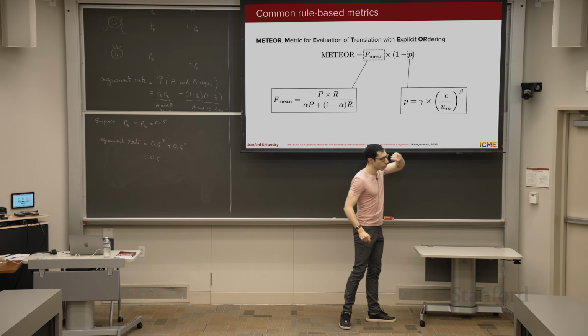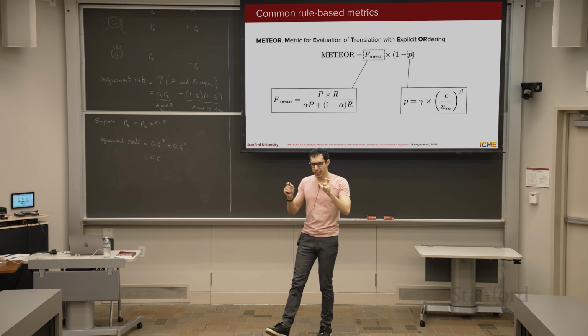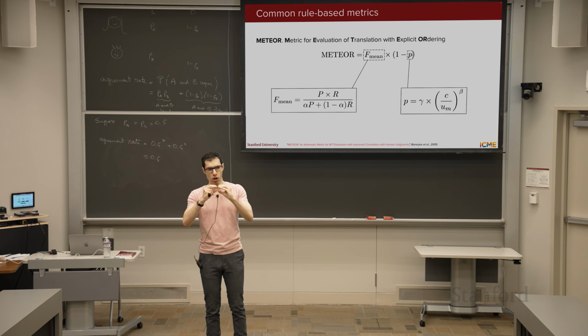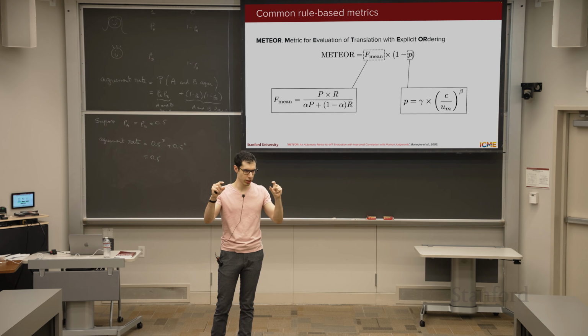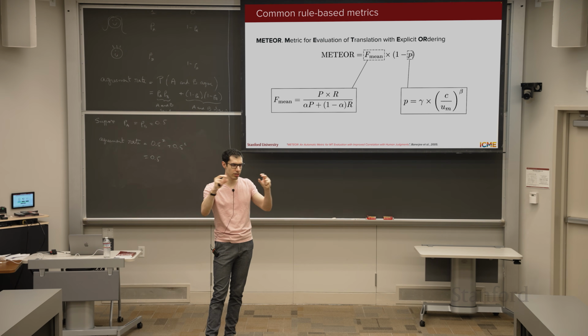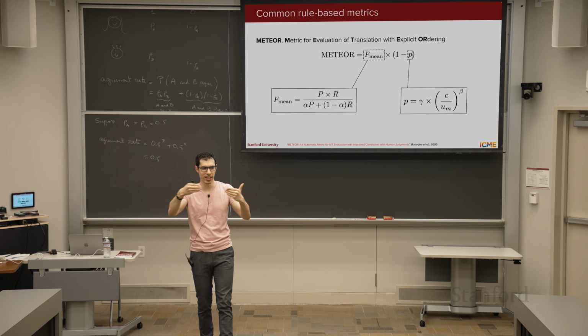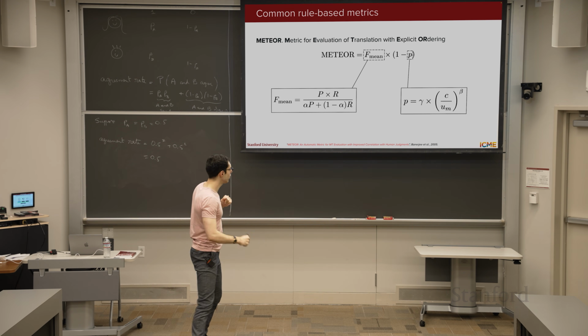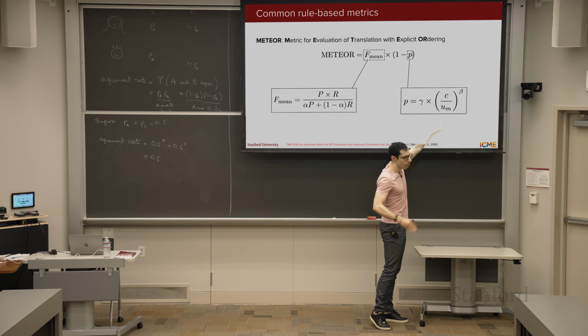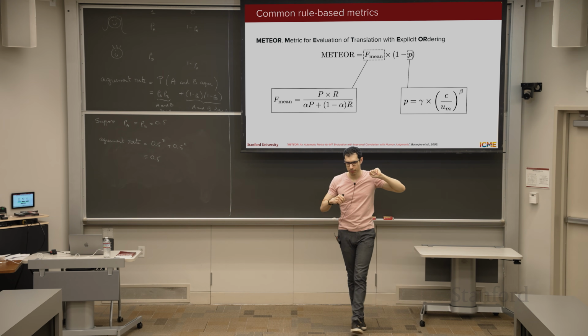Ideally, you would want C to be as low as possible, because if you have a low number of contiguous matches, it means that your contiguous sequences are long, which means that the ordering is the same. So you want C to be low, and then matched unigrams to be high.